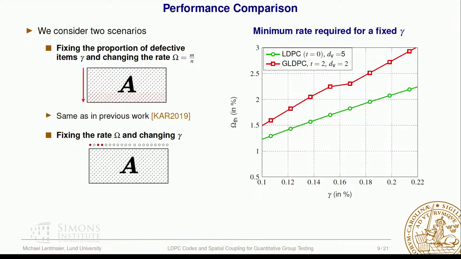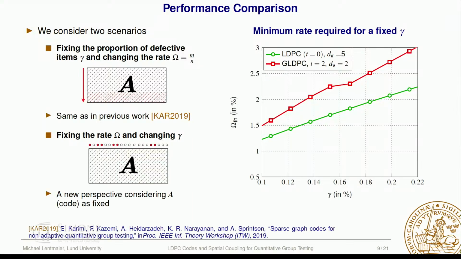The other case is that we try to make it more similar to channel coding. We want to make the channel worse when we compute thresholds, not change the rate of the code. We want to fix the rate and then look at what the threshold is for that. We're expecting that it's more similar to the analysis of spatially coupled LDPC codes. So this is that second scenario.